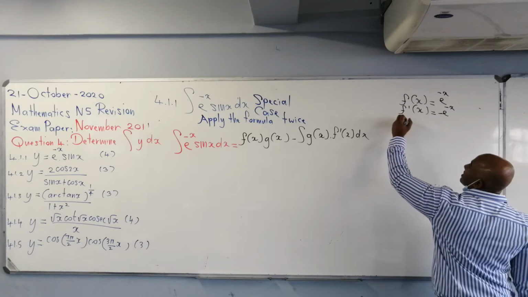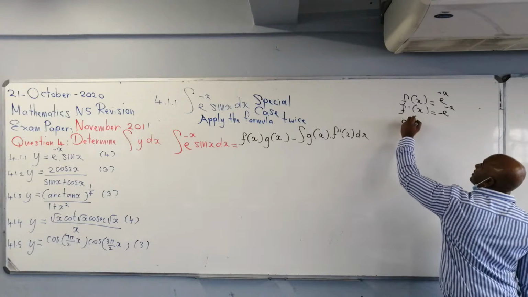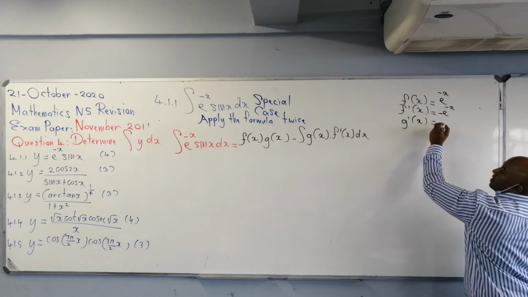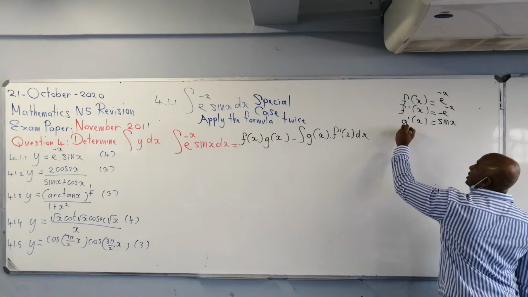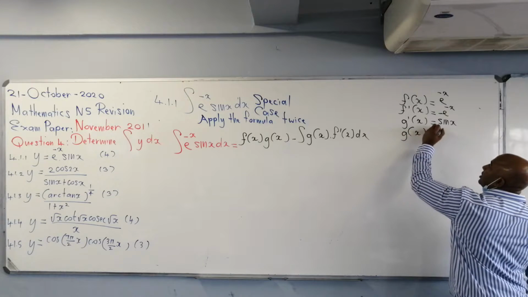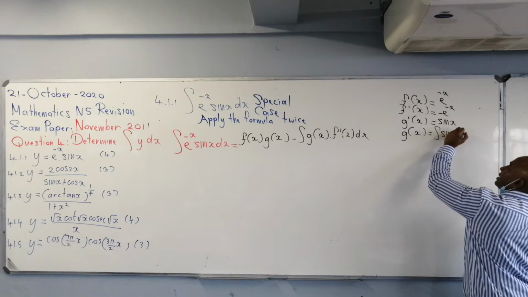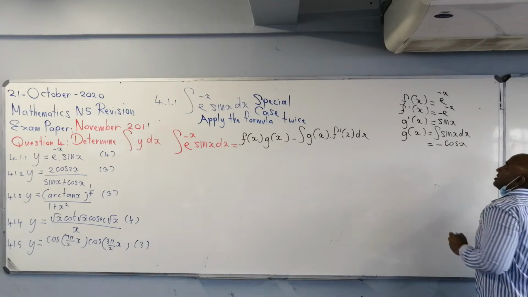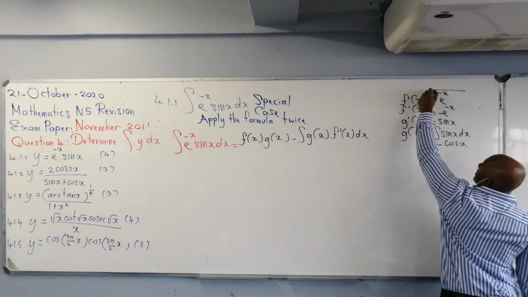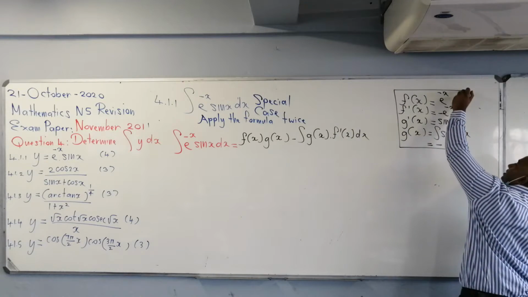Then g prime x is going to be sine x. So g of x, you have to integrate sine, and then you get minus cos. So that is the first time using the formula.